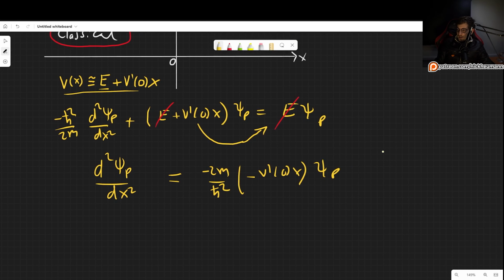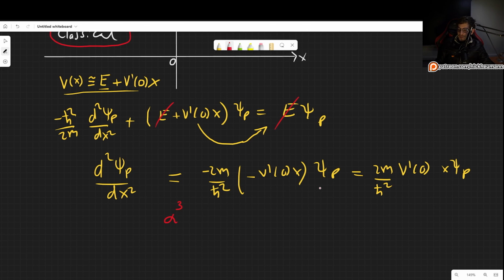And this we just multiply through, so we get 2m over h bar squared V prime 0 x psi_p. And here we will define, because we don't really want to be dealing with this constant, so let's just call it some alpha cubed.